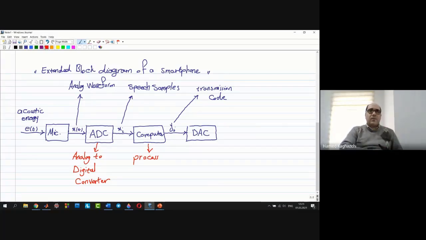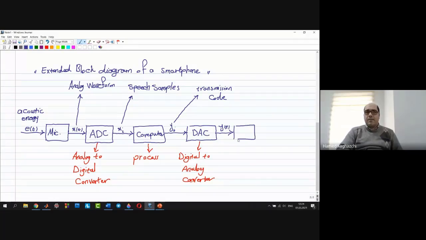Again, this is our digital to analog converter. After that, using the antenna, here we have an analog signal again.